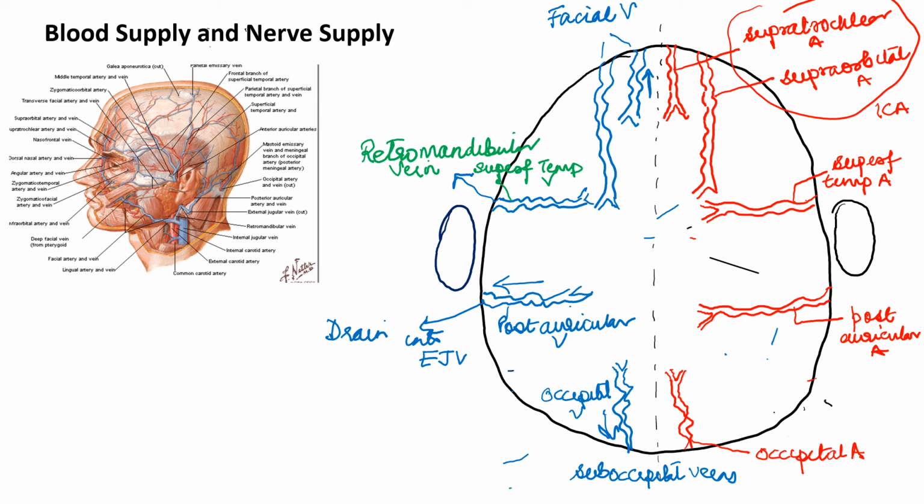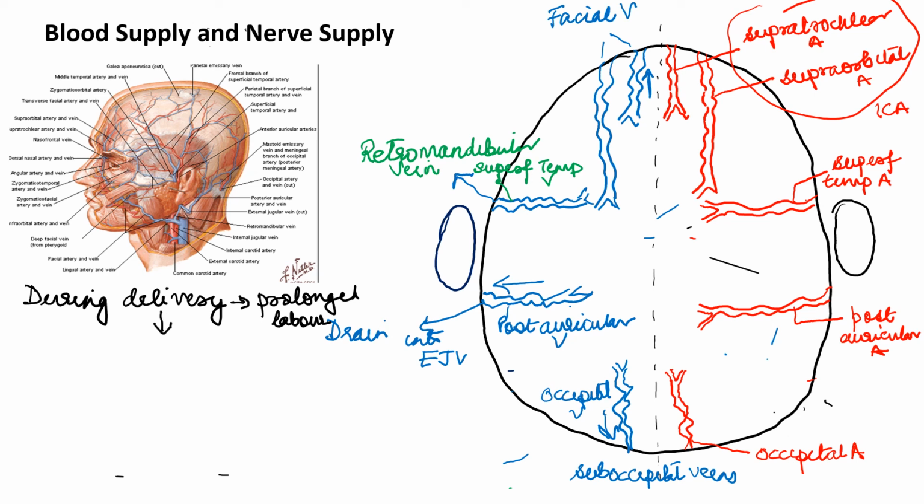Now all these veins take the blood from the area of the scalp towards the neck. Now during delivery, especially if the delivery is prolonged, the woman in our case also had a prolonged labor, the head gets stuck.